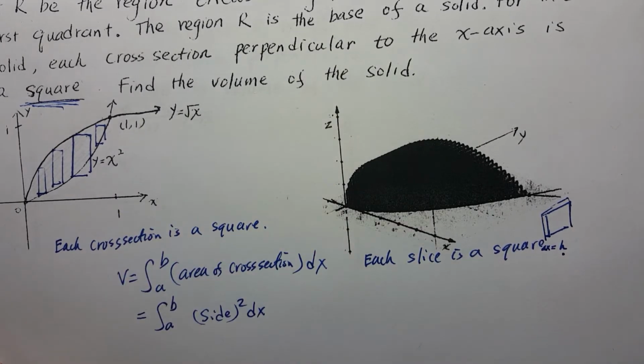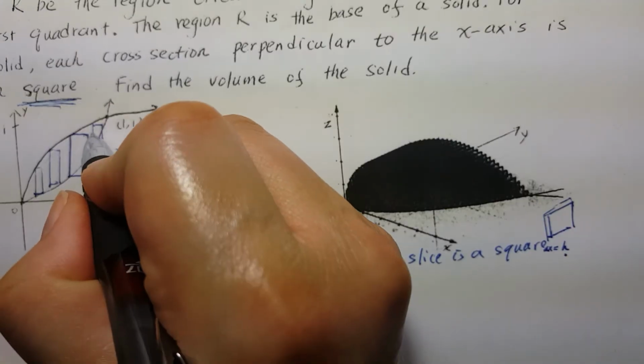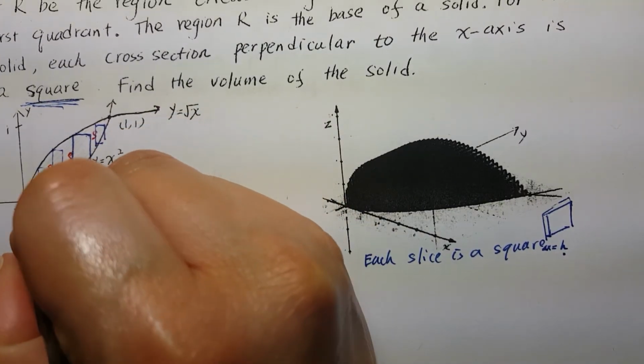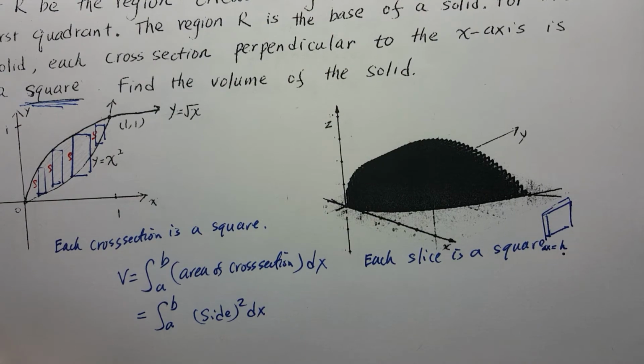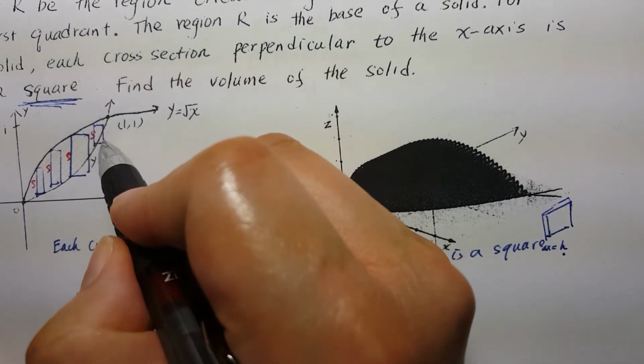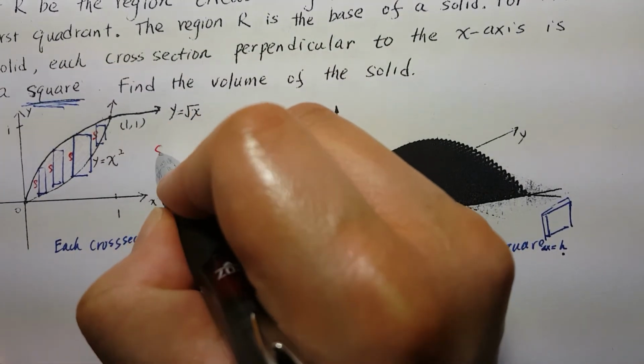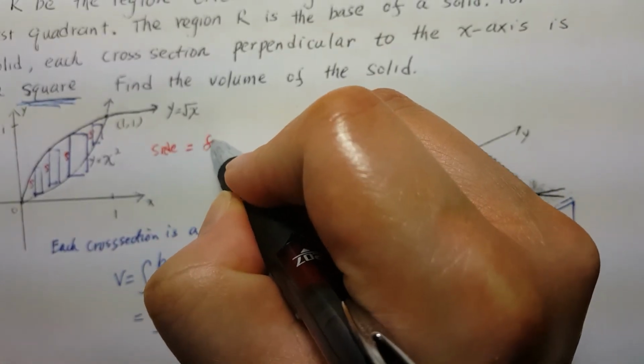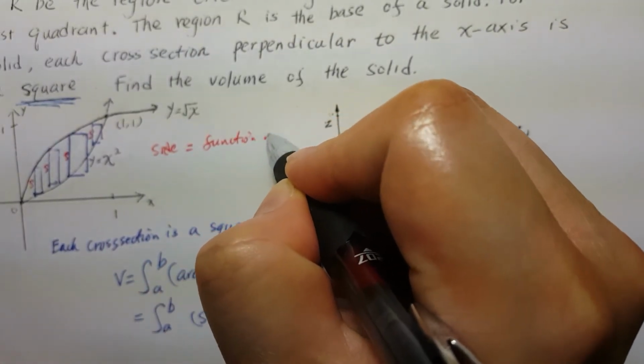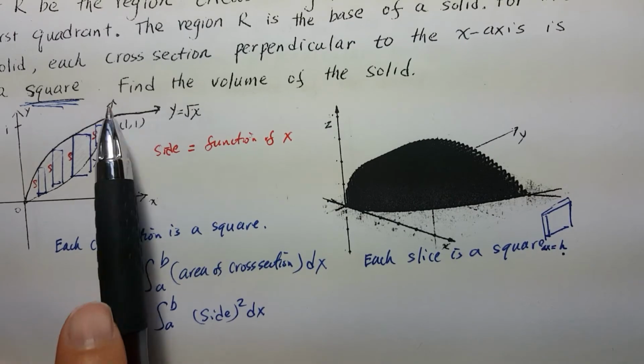Now let's take a look at this part over here. If this is the side, of course my drawing is not perfect, it looks like a rectangle, but imagine this is square, square, square. The side actually is a function of x because it is changing.